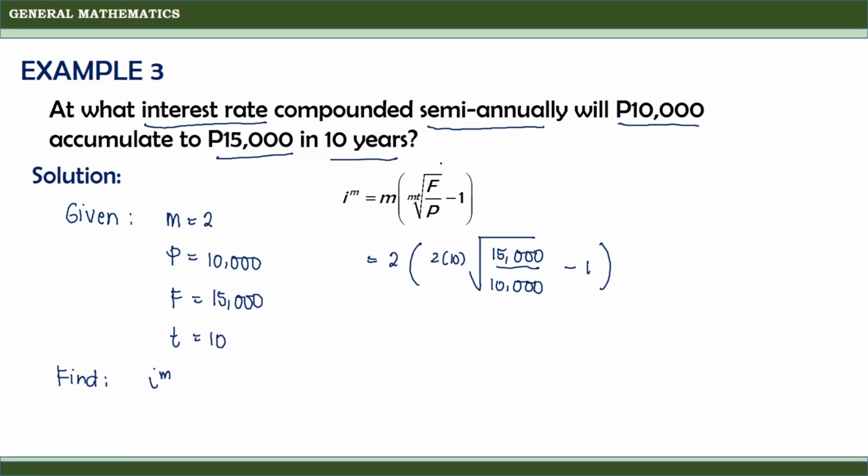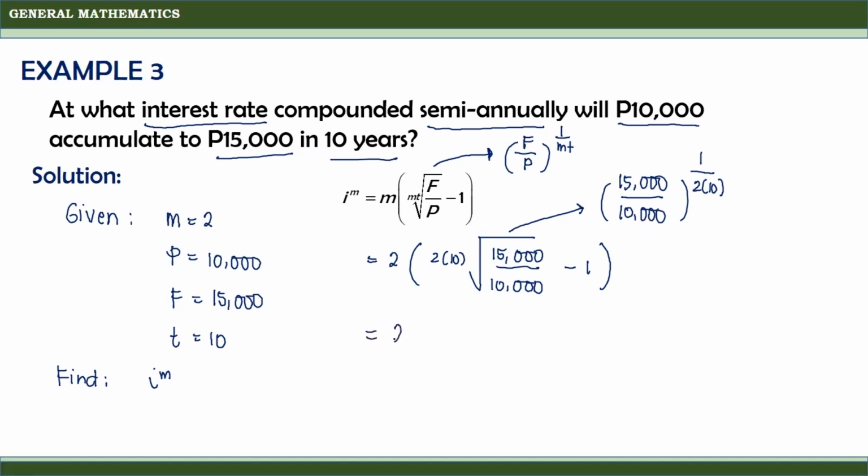Note that this expression can actually be written as F divided by P raised to 1 over MT. Therefore, this can be written as 15,000 divided by 10,000 raised to 1 over 2 times 10. Hence, we can divide 15,000 by 10,000 first, then multiply 2 and 10.